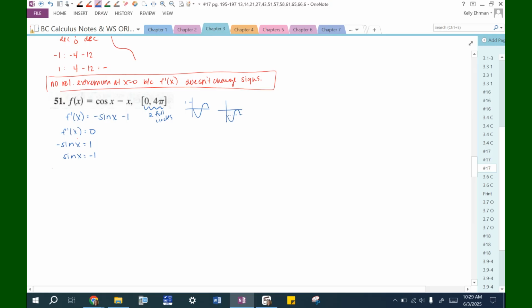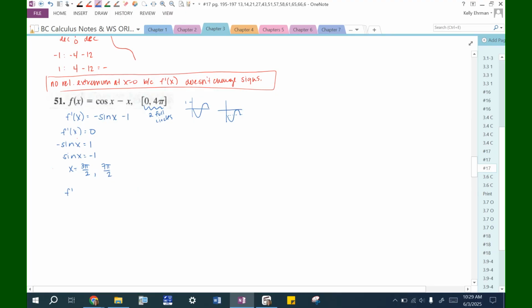So the first time in the first unit circle where sine x is equal to negative 1 is when x is 3 pi over 2. That's only 1.5 pi. You have to get out to 4 pi, so add 2 pi to that, and you get, not 5 pi over 2, you add 4 pi over 2 to that, you get 7 pi over 2. Because remember, 8 pi over 2 would be 4 pi. So 1.5 and then an extra circle around. These are the critical numbers.